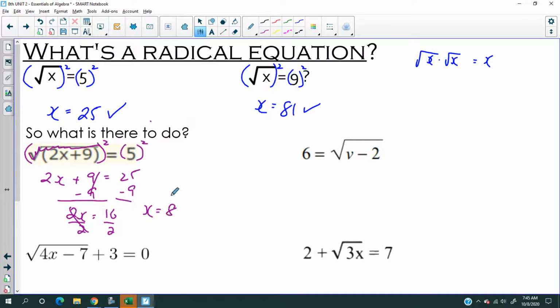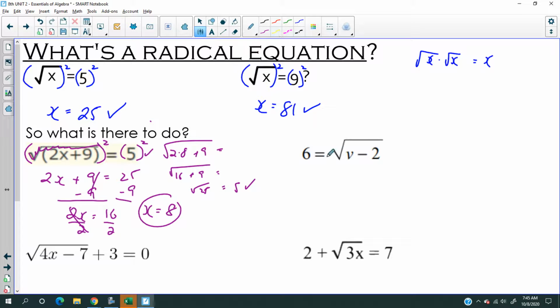That's 8. And that's it. Now, by the way, how do you know if your answer is right? Yeah, you substitute. You can check. So I got 2 times 8 plus 9. What is that? That is 16 plus 9. That is square root of 25. Is the square root of 25 equal to 5? You bet. And that's how you do it.